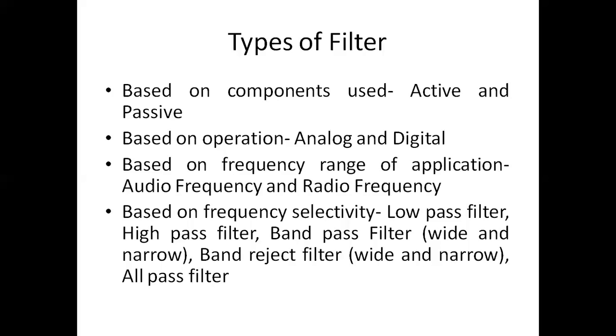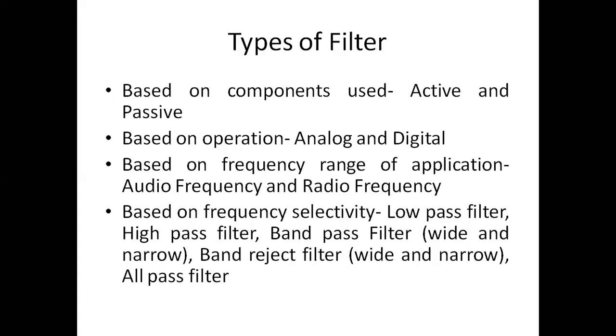A low pass filter selects the low frequency range starting from 0 to an upper cutoff frequency, and after the cutoff frequency, signals are rejected. A high pass filter rejects the low frequency components up to the lower cutoff frequency, and it selects the frequencies above that cutoff frequency.